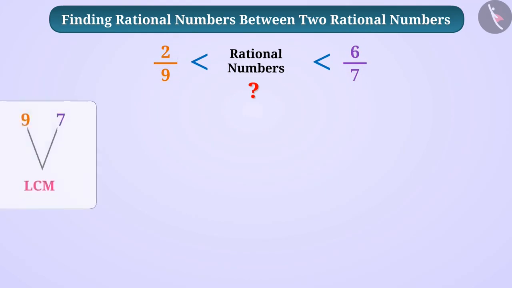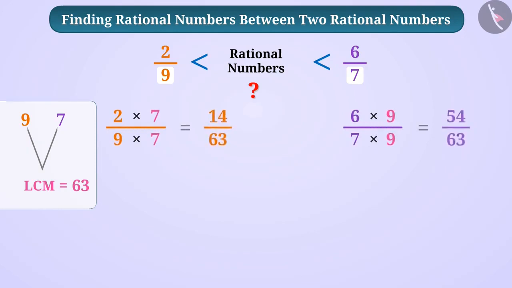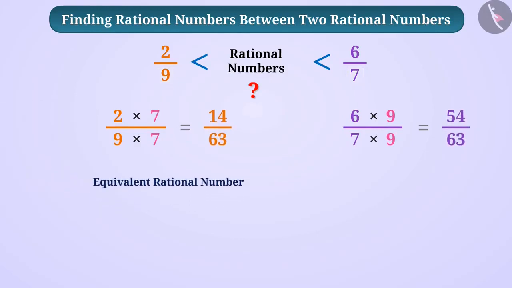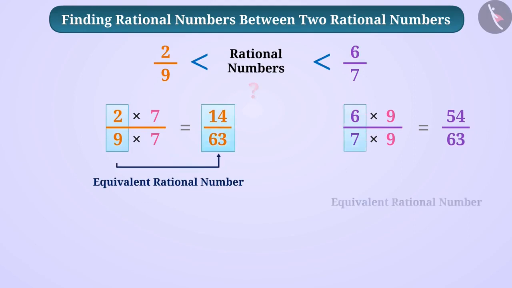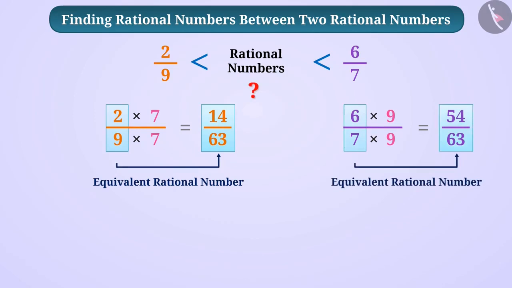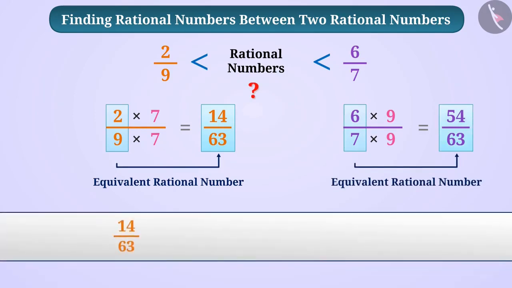Since the LCM of denominator 9 of 2 by 9 and 7 of 6 by 7 is 63, we will multiply the numerator and denominator of each rational number by a suitable number to make the denominator 63. With this, we get an equivalent rational number of 2 by 9 as 14 by 63 and 6 by 7 as 54 by 63. Now the rational numbers written between are like this.